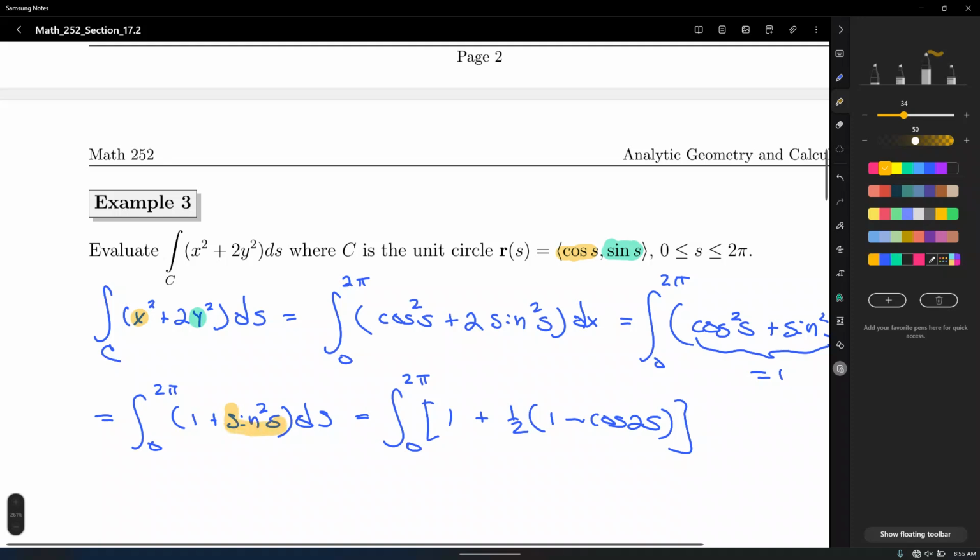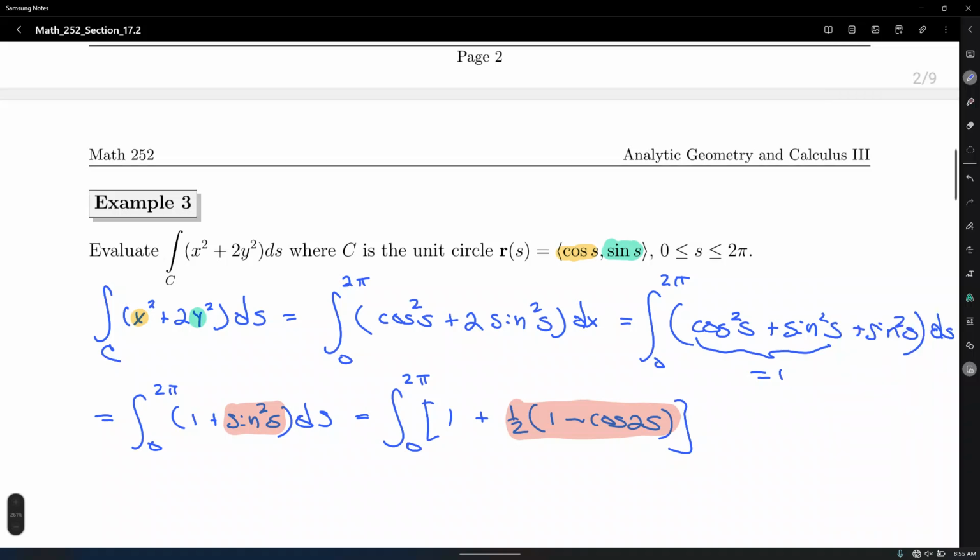I'm replacing this with its corresponding trig identity, and this one is easy to integrate as opposed to the squared one. So let's distribute, that's ds. That equals the integral from 0 to 2 pi of 1 plus 1/2 minus 1/2 cosine 2s ds.